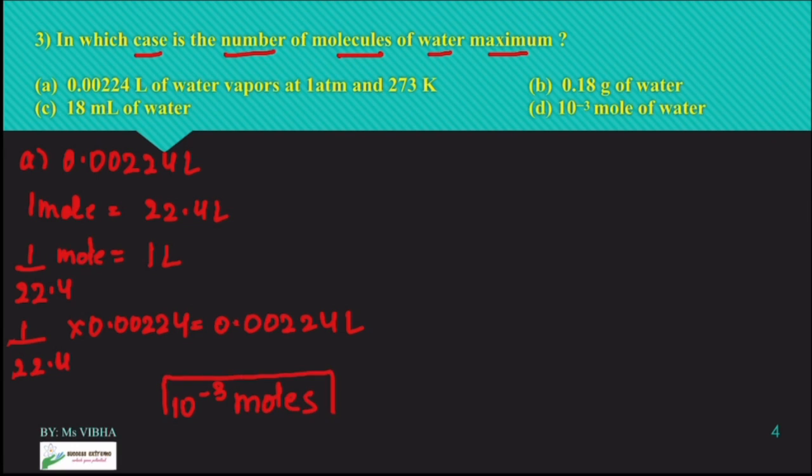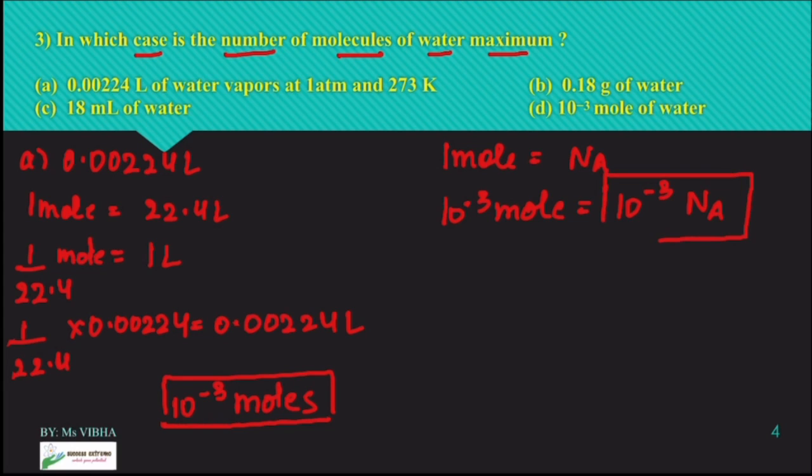We do not have to leave our answer in moles. We have to calculate the number of molecules. We also know that 1 mole is equal to Avogadro number, and we have to leave the answer in Avogadro number. So 10 raised to power minus 3 moles is equal to 10 raised to power minus 3 into Avogadro number. So the number of molecules in the first part is this.